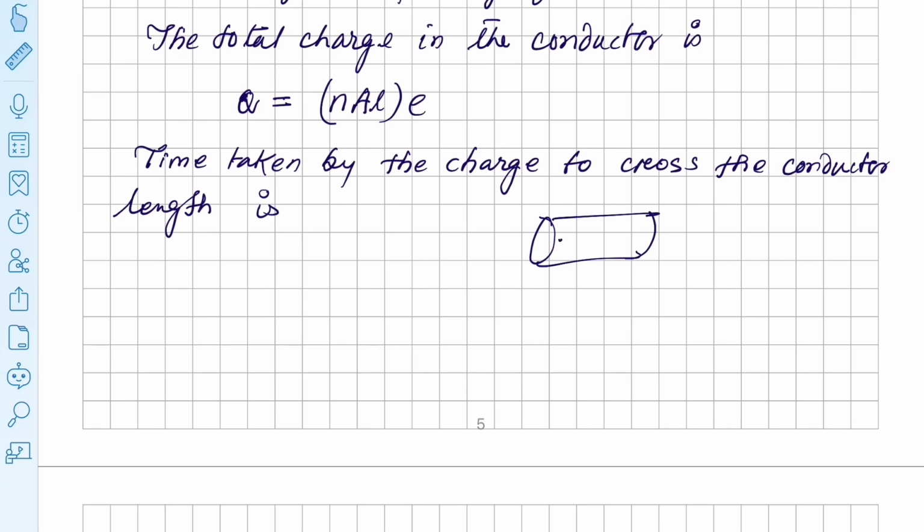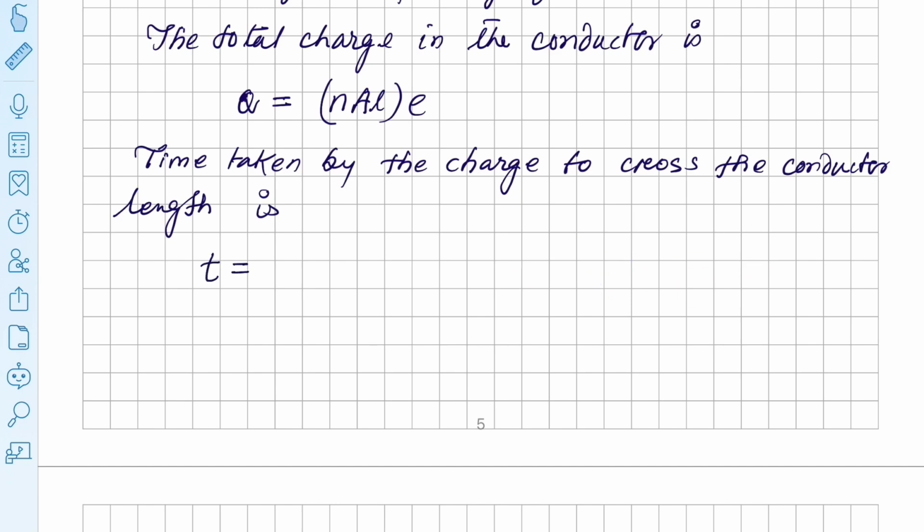Suppose this is the conductor and the drift velocity of free electrons is Vd, and this is the length. So the time taken to cross this conductor will be given by T is equal to L by Vd, right? So hope you have understood this.